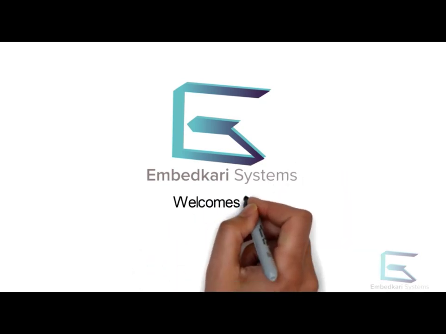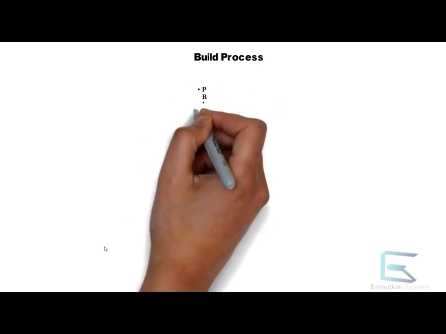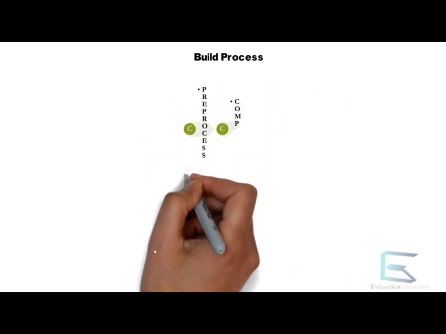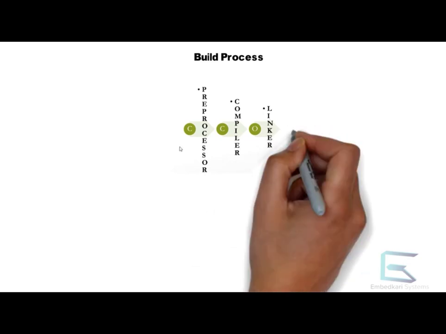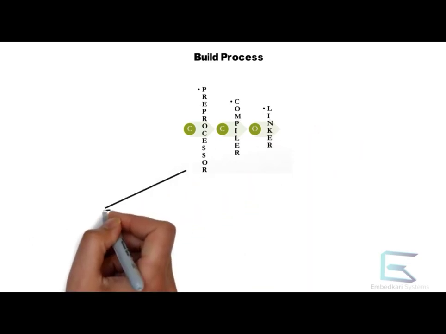Today I am going to discuss the preprocessor, and we will look into the build system first. In the build system, we know that the C file goes through the preprocessor, where text processing is done, and then it goes to the compiler for compilation.